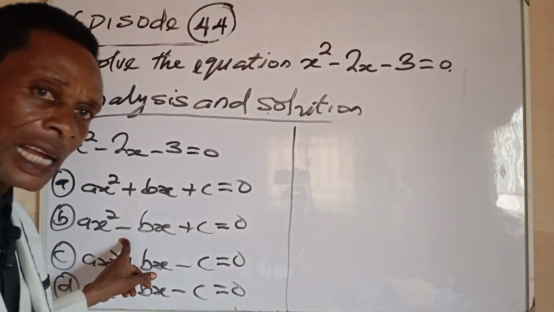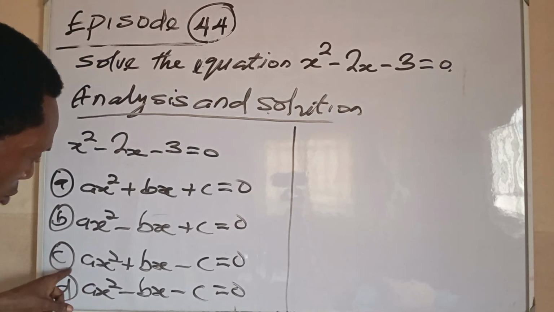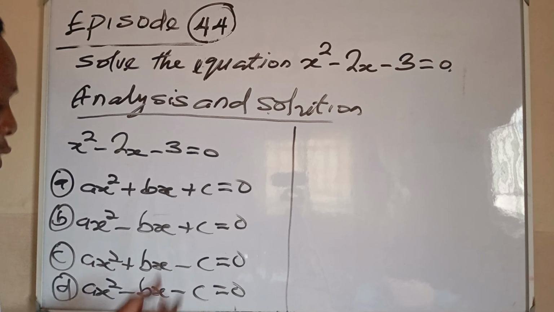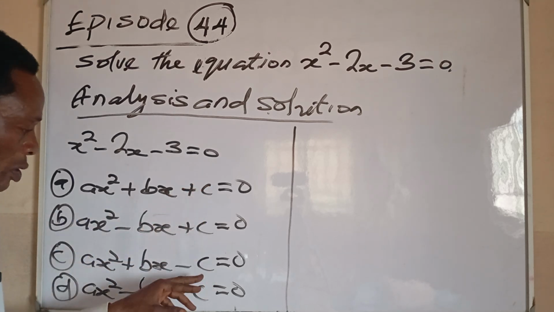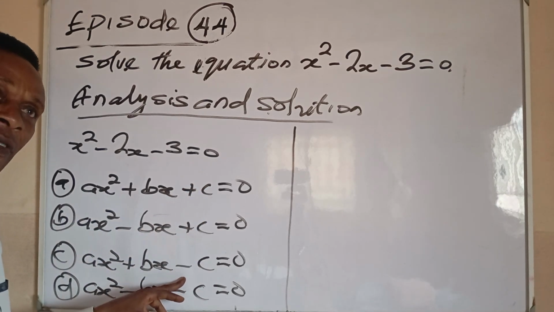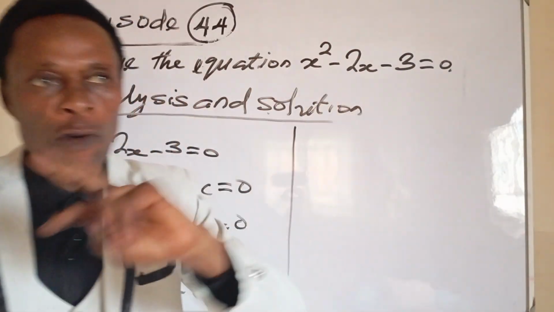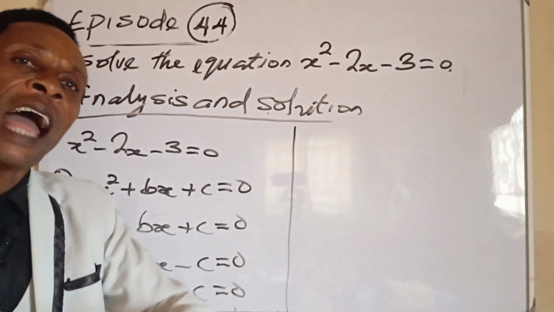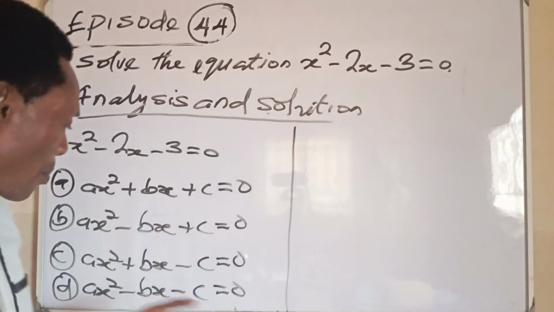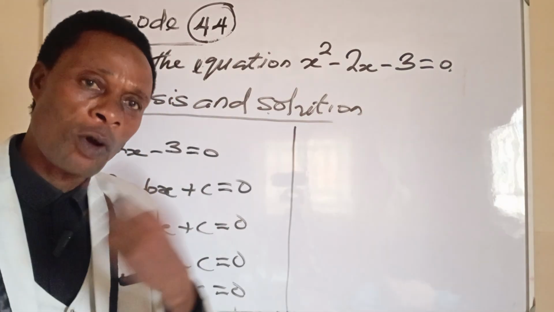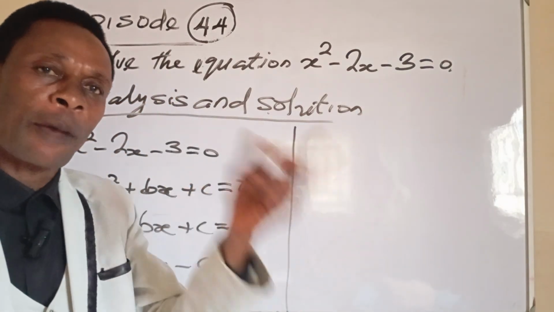When you come to the third one, as squared plus bs minus c, the constant is preceded by negative. It means the two possible factors will have opposite signs, and the bigger factor will be preceded by positive.